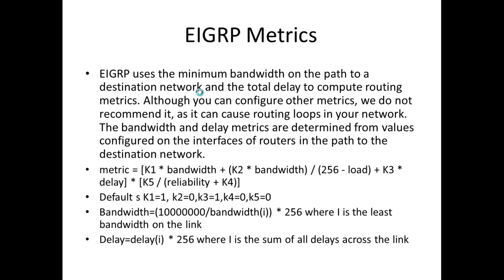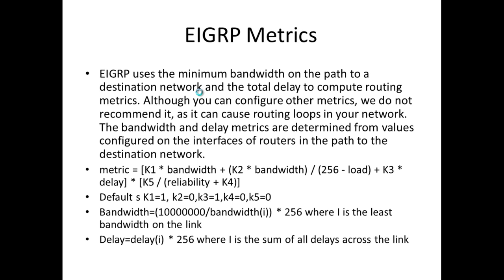What's the configuration of the bandwidth? The bandwidth is 10 to the power of 7, which is 10 million kilobits, divided by the lowest bandwidth over the link, multiplied by 256.